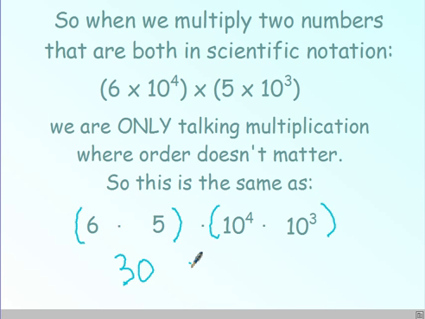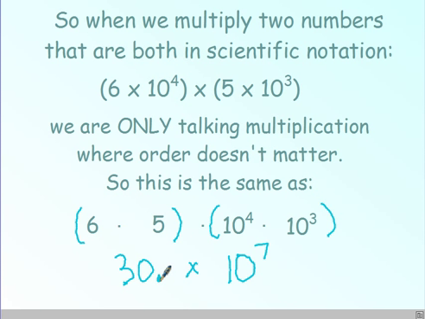When we multiply powers of 10, we can simply take these 4 tens that are being multiplied together. I have 3 more tens that are being multiplied together, and it gives me a total of 7 tens. So I have 30 times 10 to the 7th power. Now this is not in scientific notation, or at least not in proper scientific notation, so I do have one more step.